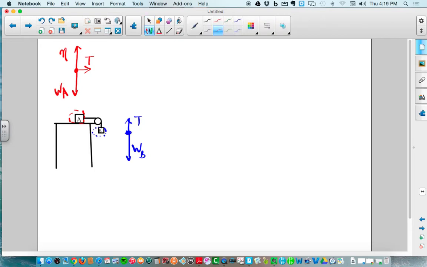Let's take my forces. I've got weight going down. I've got tension going to the right. That's a little too long. Shouldn't be quite that long. Fix that one. So I got tension to the right. That looks about right. And I've got my normal going up. So normal, weight, tension, and this is the weight of object A, right?